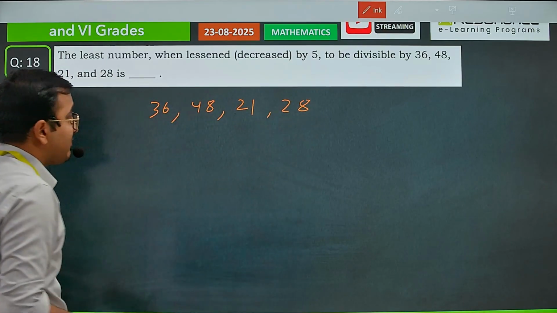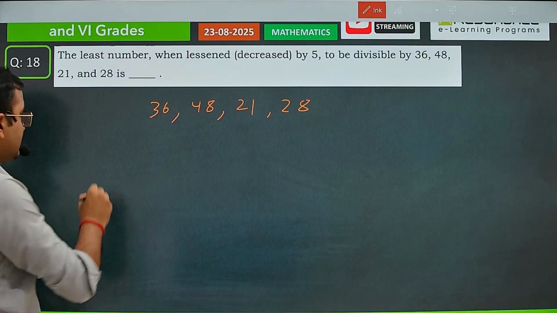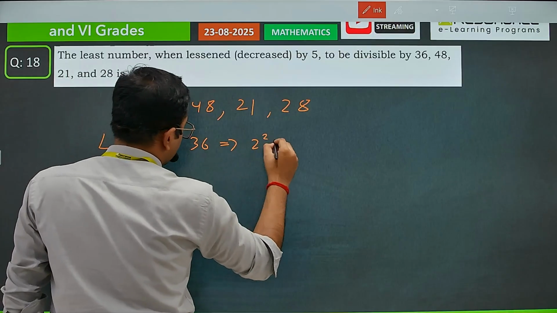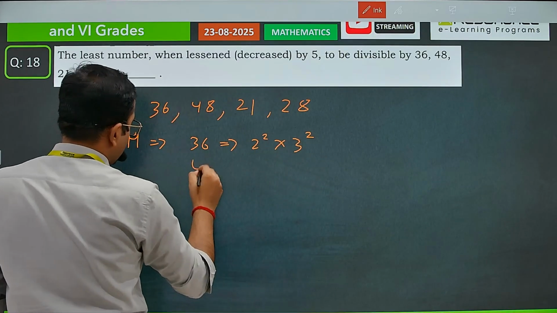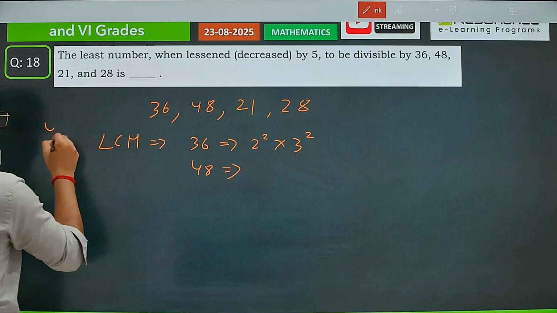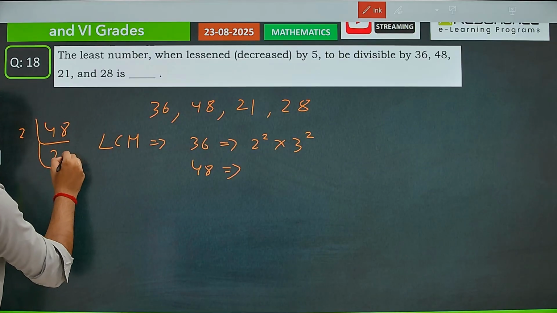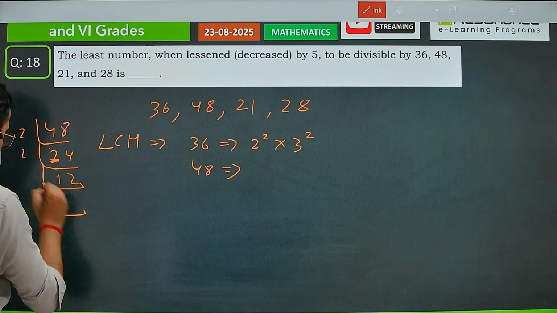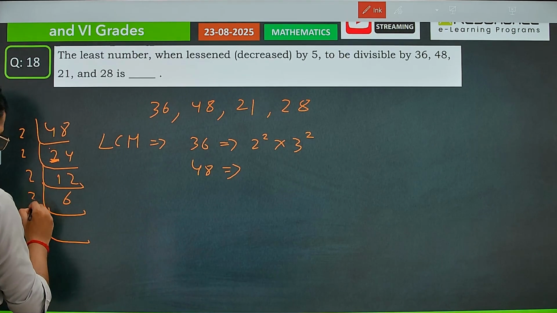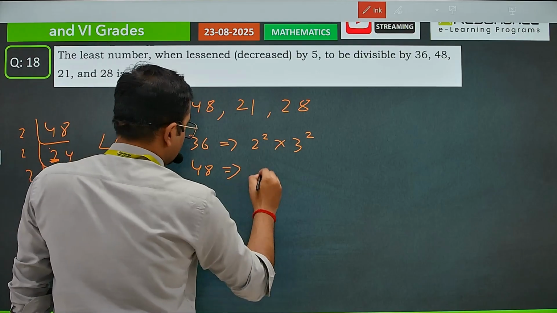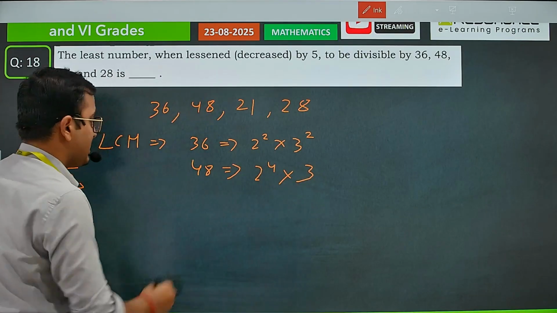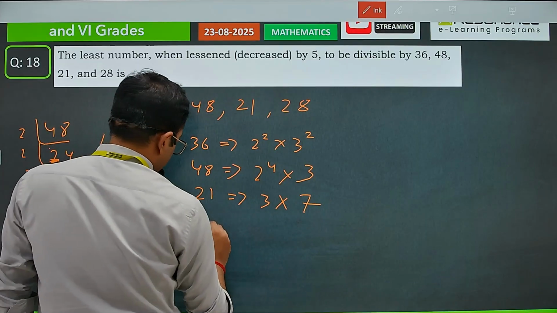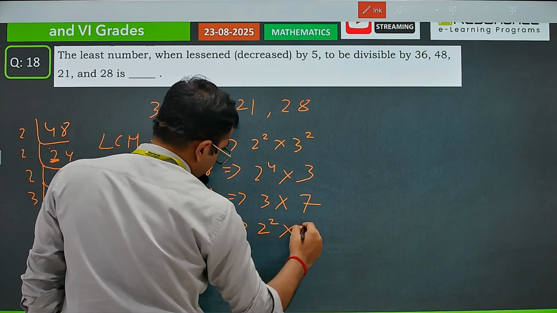So the first thing we have to do is take the LCM. 36 would be 2 square into 3 square. 48, just do it: 48 with 2 you get 24, again with 2 you get 12, again with 2 you get 6, then you can take 3 and 2, so that is 2 to the power 4 into 3. 21 is directly 3 into 7, and 28 is 2 square, that is 4 into 7.